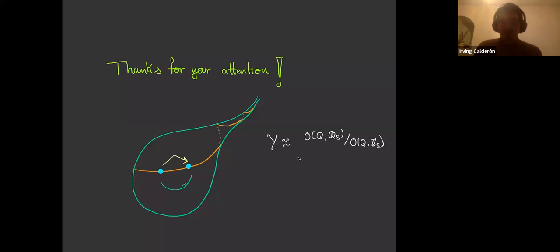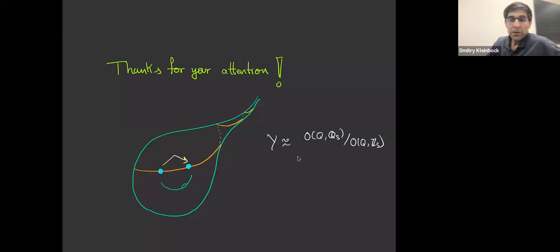Okay. Okay. Thank you. So, Irving, can I ask a general question? From your talk, I can see that you follow the argument of Lee and Margulis, and then you have the new space, and then you do something.